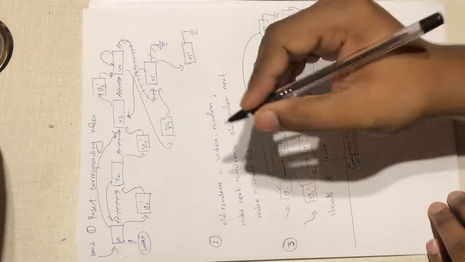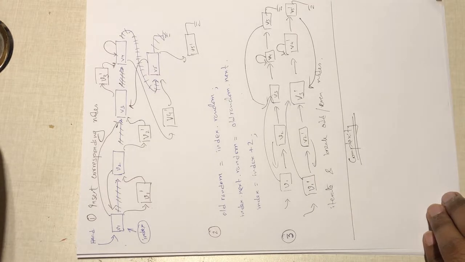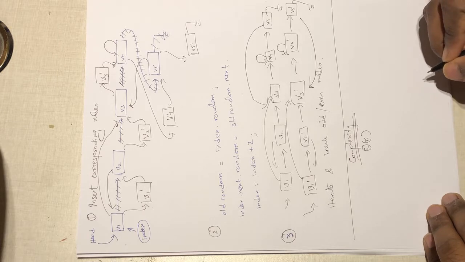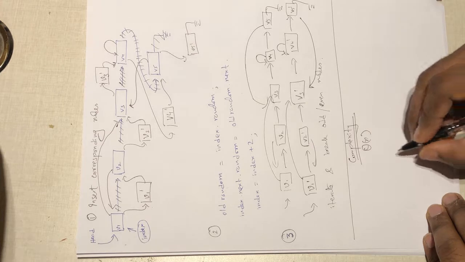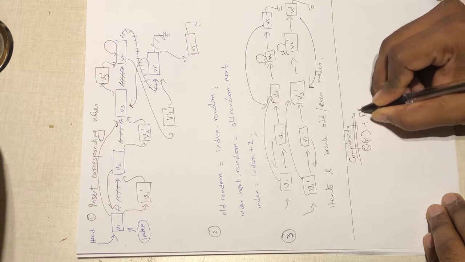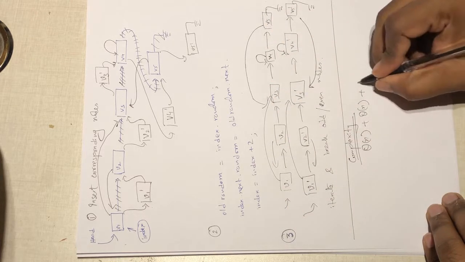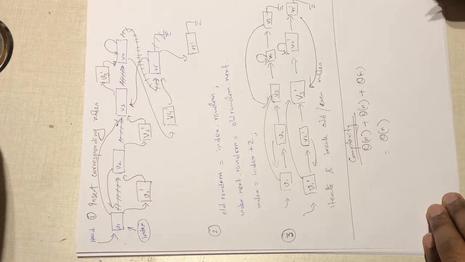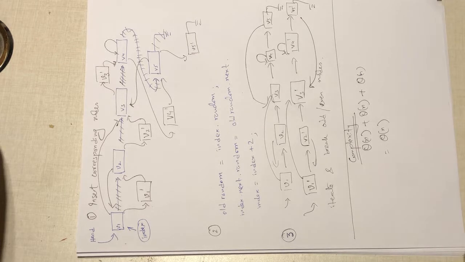What is the order? First step is you are iterating from left to right, which is of order of n. Second step, you are again iterating to set the random, plus order of n. Third step is you are again iterating from left to right, order of n, which is of order of n, and there is no extra space that we are consuming in this approach.